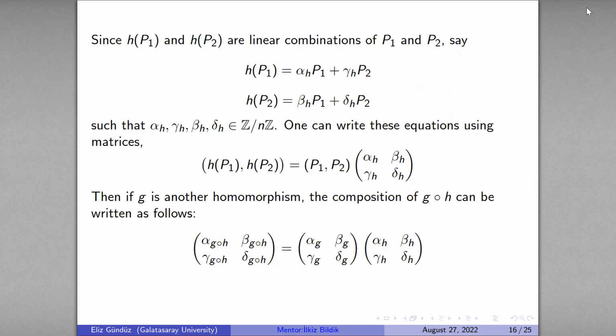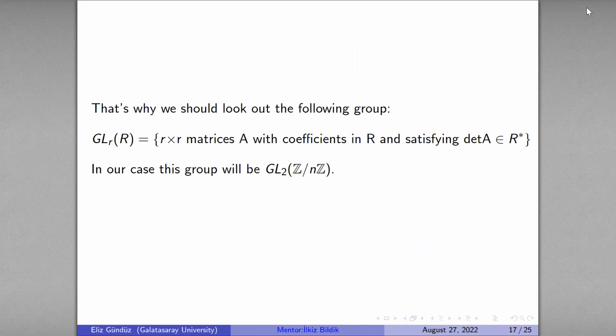And if we take another homomorphism, which we call G, then we can compose these two homomorphisms with matrix multiplication. And if we take G equal to the inverse of H, this multiplication will be the identity matrix.